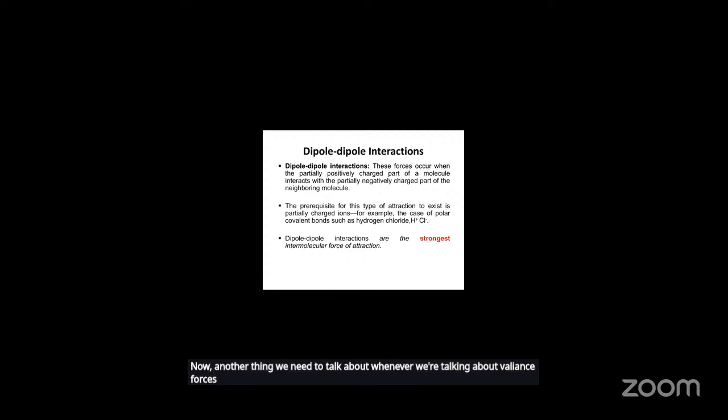Okay, so let's continue. Now, another thing we need to talk about whenever you're talking about valence forces is dipole-dipole interaction. What does dipole-dipole interaction mean? It means that these forces occur when there are partial positive and partial negative charges in a molecule.